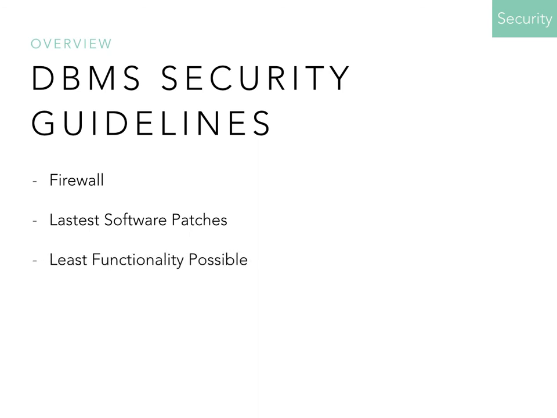Use the least functionality possible. So you want to make your target as small as possible. That means don't run unnecessary protocols, close ports that aren't being used by those protocols, delete unnecessary system procedures or stored procedures, disable default logins, guest logins.